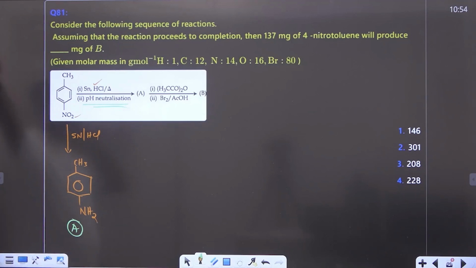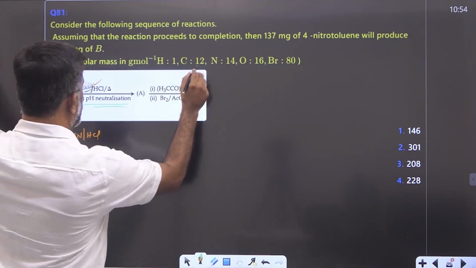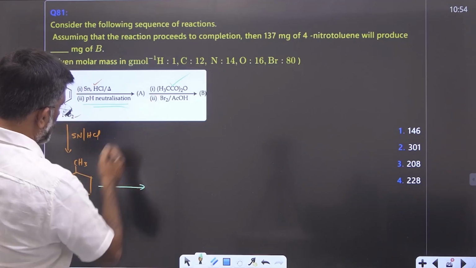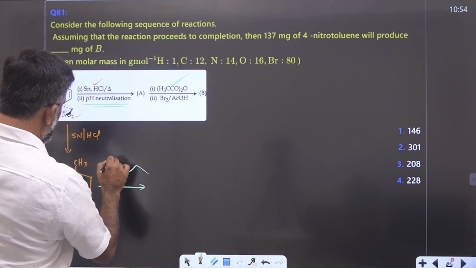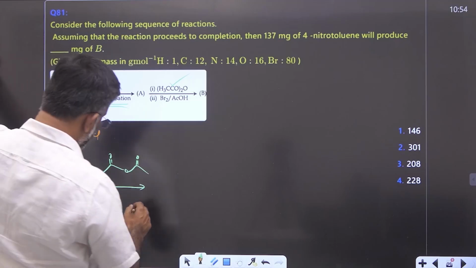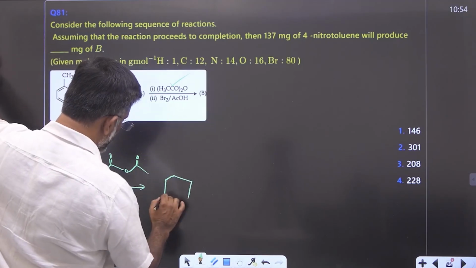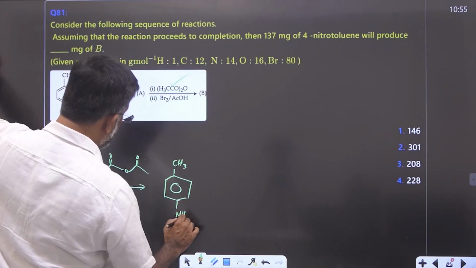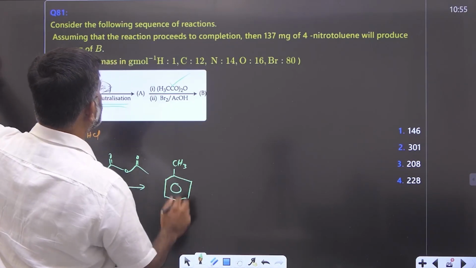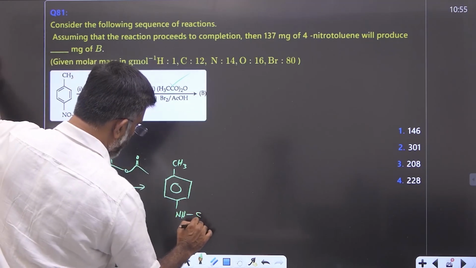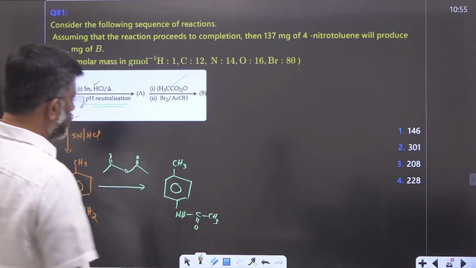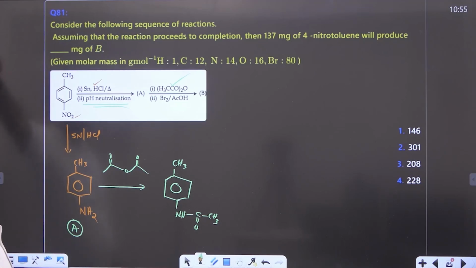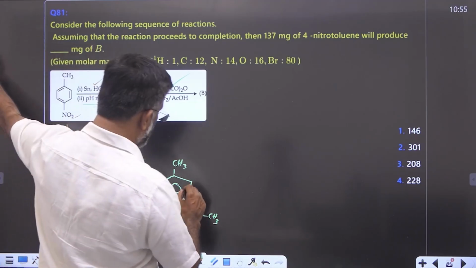Now that is treated with acetic anhydride. You get acetanilide derivative. Isn't it? Yes, acetic anhydride gives the acetanilide derivative. And now it is treated with bromine in acetic acid.